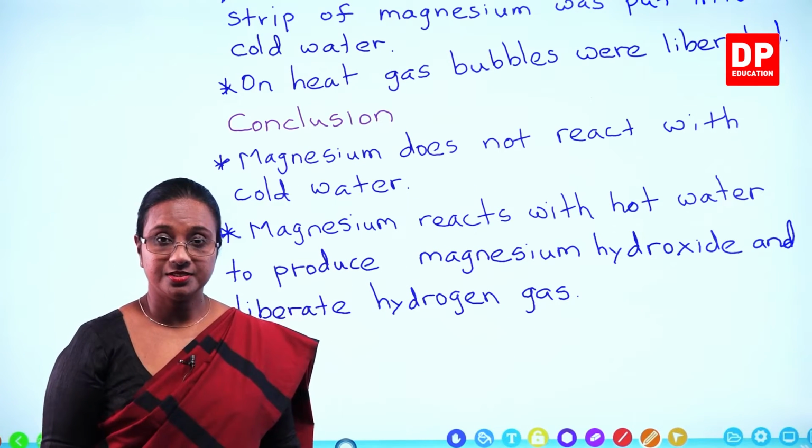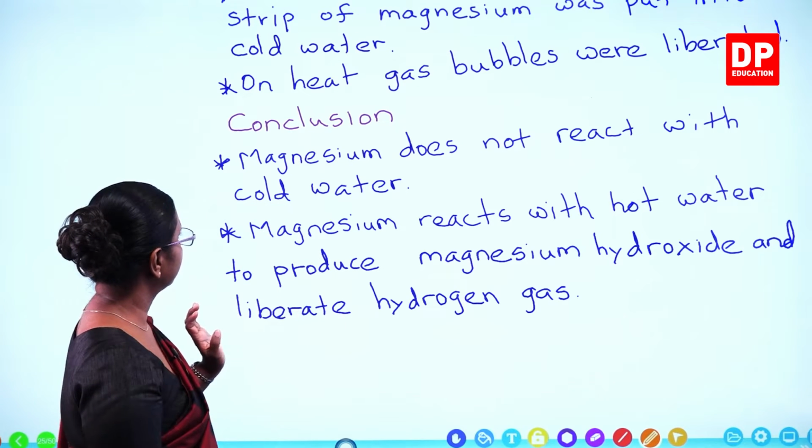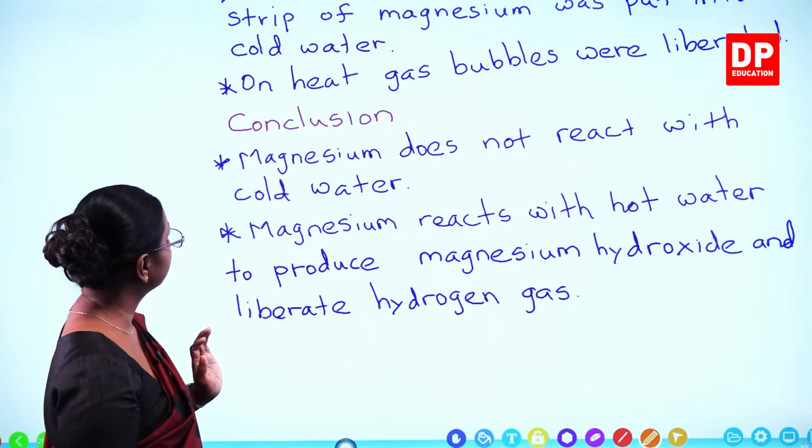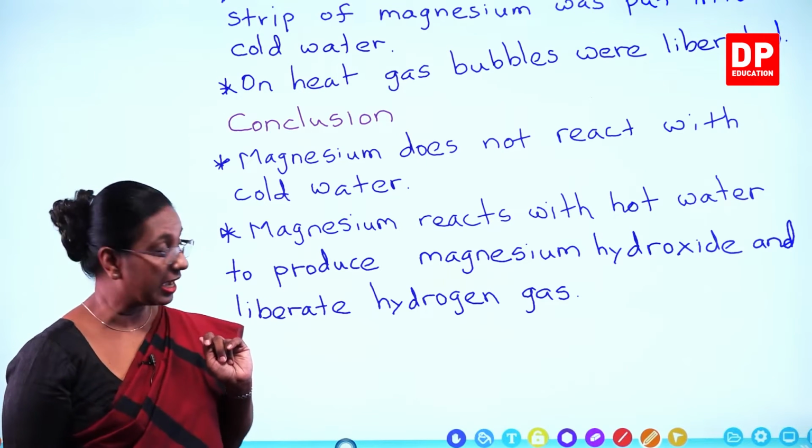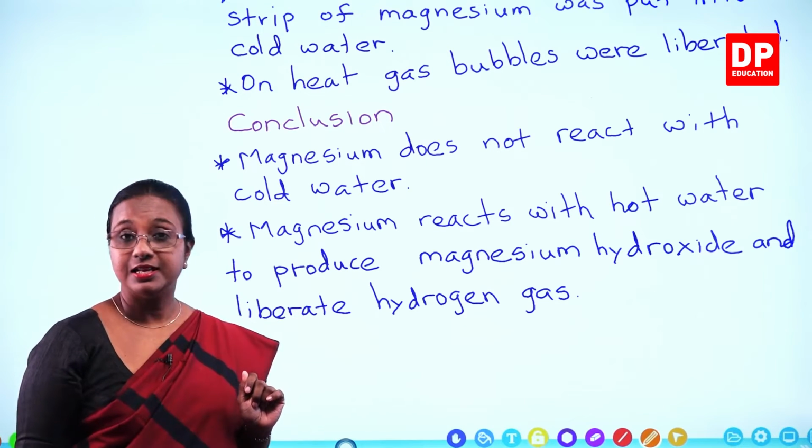Is that okay, students? So those are the conclusions. Magnesium does not react with cold water. Magnesium reacts with hot water to produce magnesium hydroxide and liberate hydrogen gas.